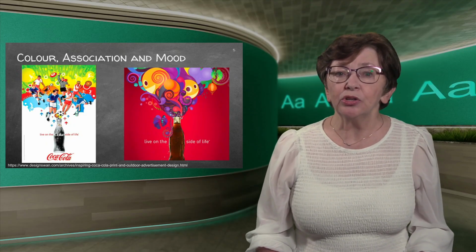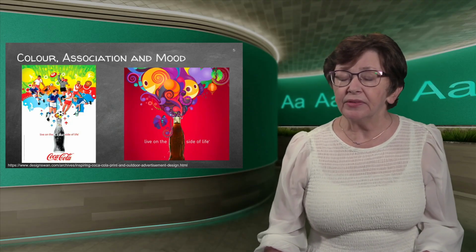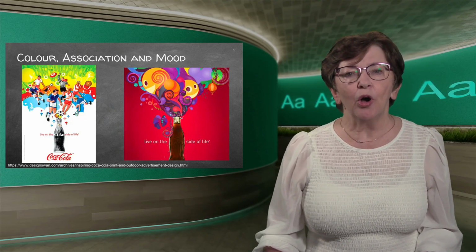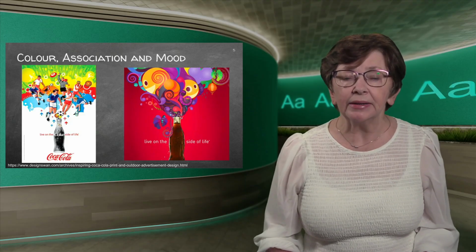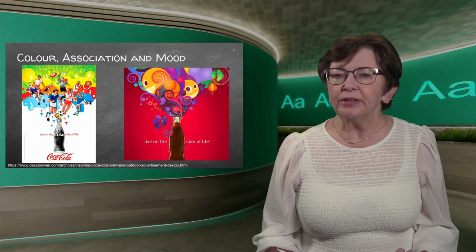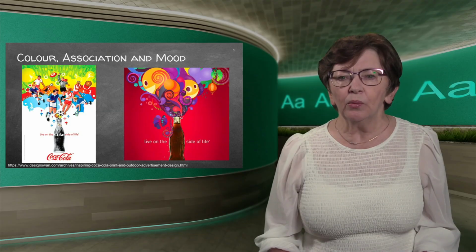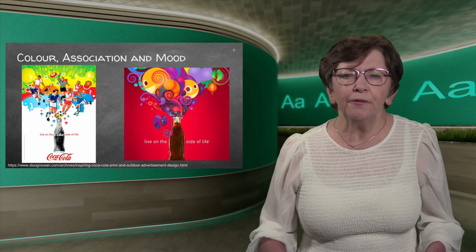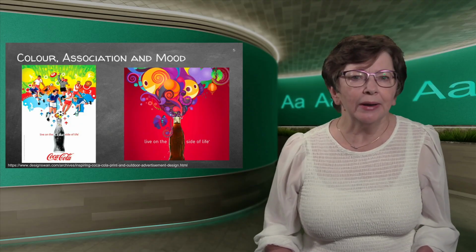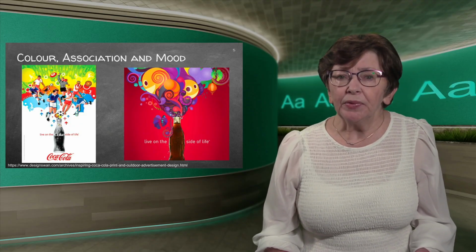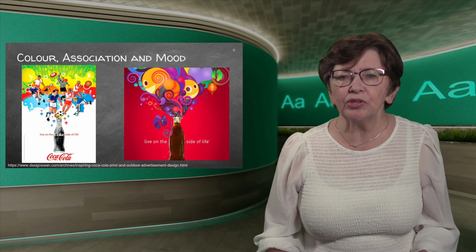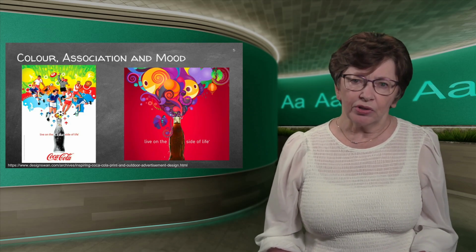They also make use of color. These are just two little pictures from the slide that we're going to look at next. But just looking at this, you can ask yourself, what effect does a certain color have on you? Normally, when white is used, purity is suggested.